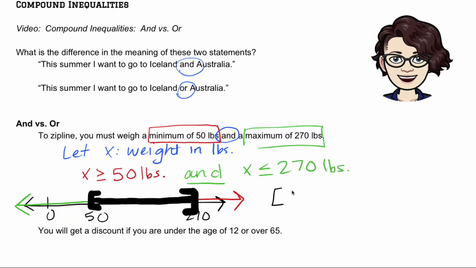We say the interval of weight is from 50 to 270. So that's an and. That means both of these statements have to be true. You must weigh more than 50 and be less than 270, creating this shaded region. And that was the region where it was both true for the red, for greater than 50, and less than 270.